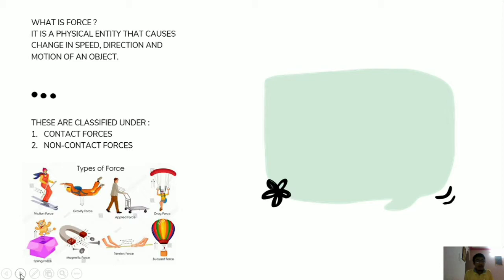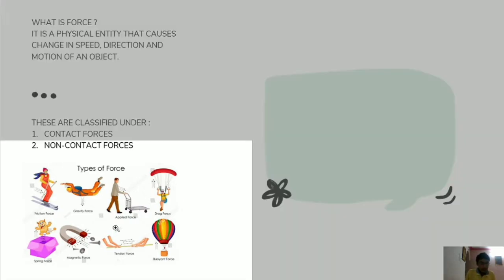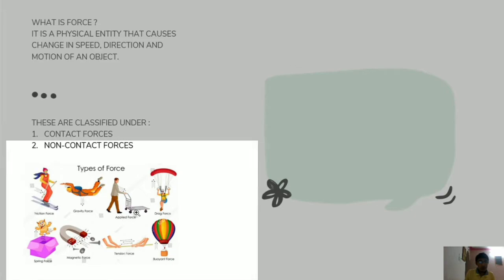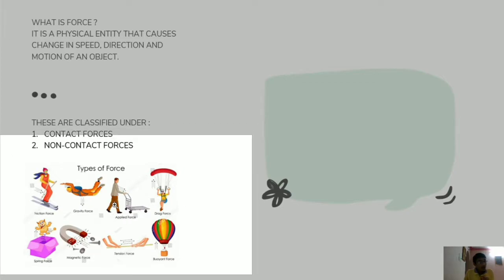For example, you can see here there is one man who is applying force to this trolley. When he applies the force, only then is that trolley going to perform a motion. So this force is necessary to perform a motion.